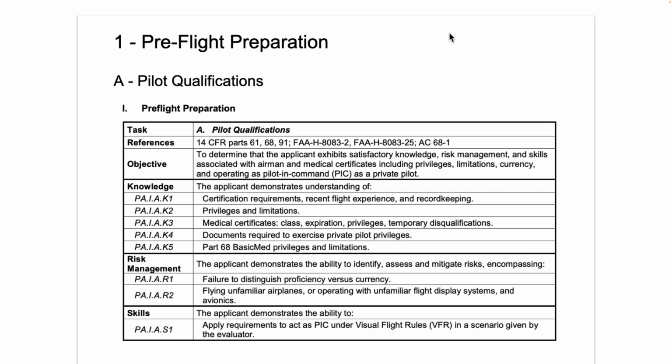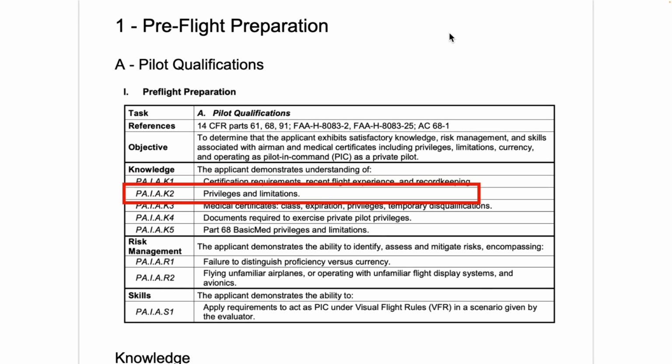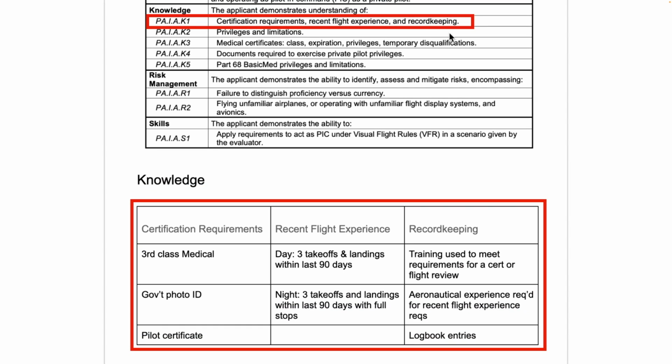In my case, I would start my studying process by creating a blank Google document, and then I'd start by copying every table from the ACS into my Google document. Once I had a table copied into my Google Doc, I'd then look at one of the knowledge tasks, in this case certification requirements, recent flight experience, and record keeping, and then I would add the answers to whatever questions I could be asked about that particular knowledge task.